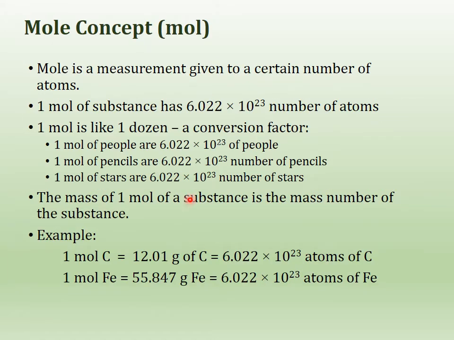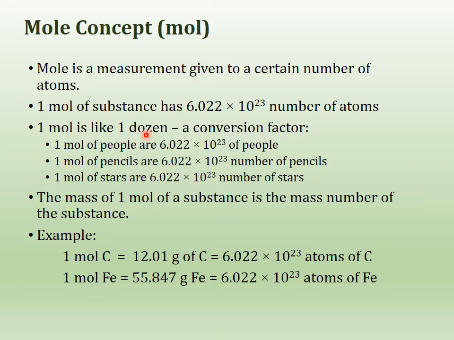A mole is a measurement that is given to a certain number of atoms. 1 mole is a set quantity: 1 mole of a substance has 6.022 times 10 to the power of 23 atoms. 1 mole is like a dozen, which means that it is a number, a conversion factor, a quantity. When you say you have a decade, that means you have 10.